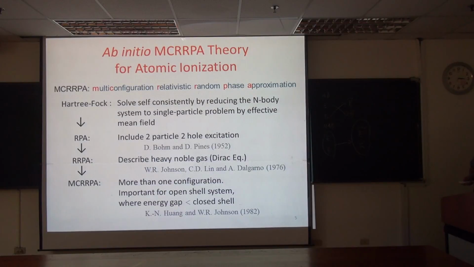First, the Hartree-Fock. Hartree-Fock is a method to solve the wave function self-consistently by reducing the many electrons to one electron with a mean field from the other electrons, and using the variational principle to get a stable state.